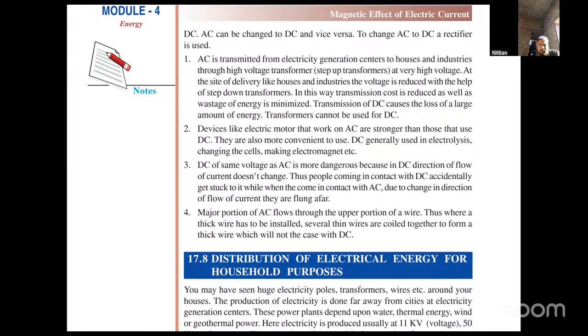First is the working principle of AC, working principle of DC, and the AC merit over DC. These three questions are there.